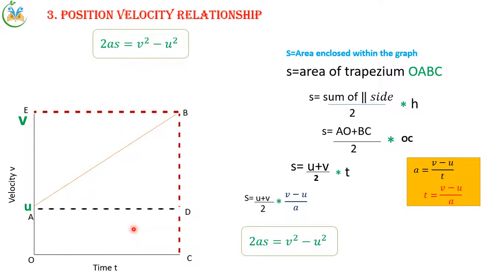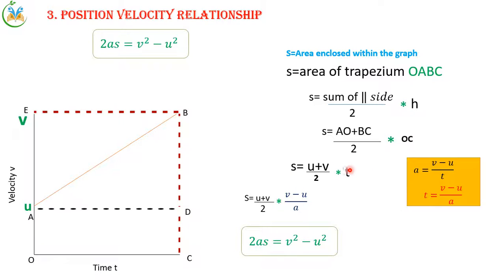So for the area of the trapezium, we know the formula: sum of parallel sides divided by 2 into height. When we put in the sum of the sides, this is the parallel side AO, and this BC is the other parallel line, divided by 2 into, instead of height, you can write OC or time. Now AO is the initial velocity U and BC is the final velocity V. So this is what we got.